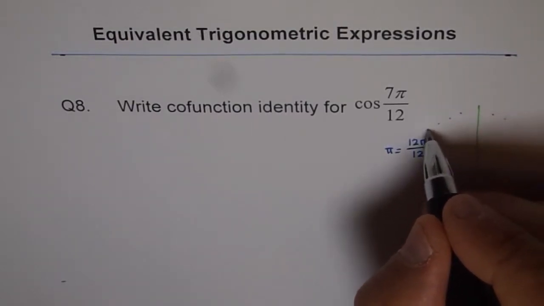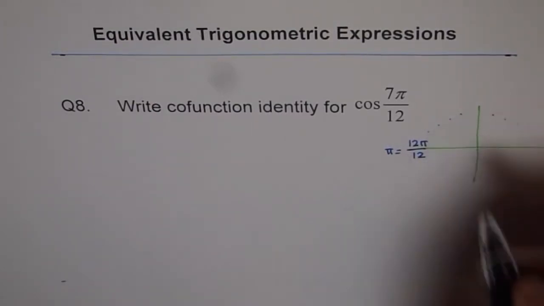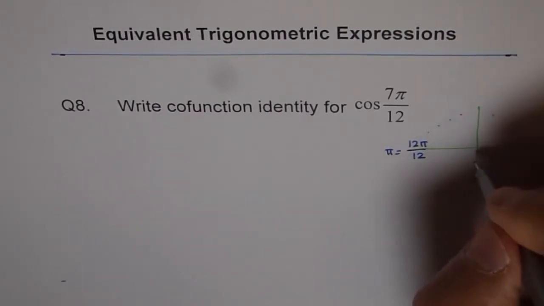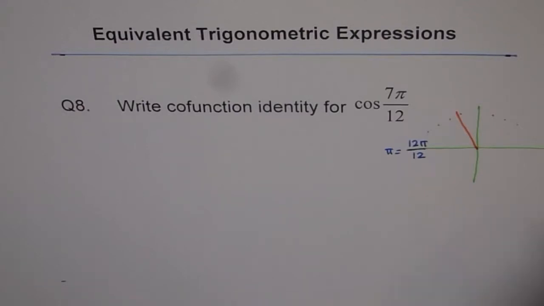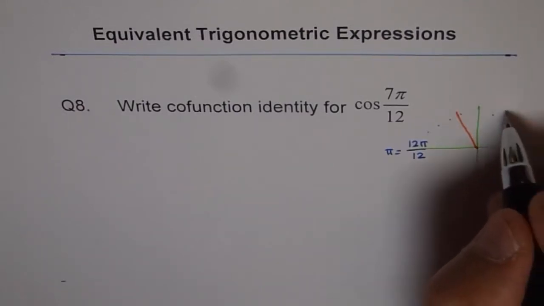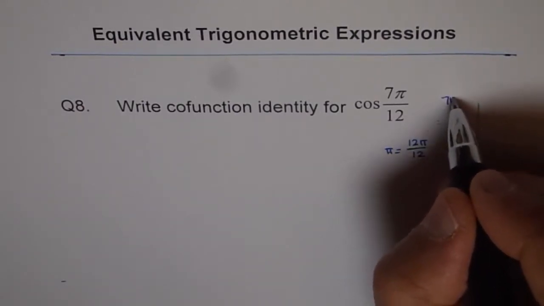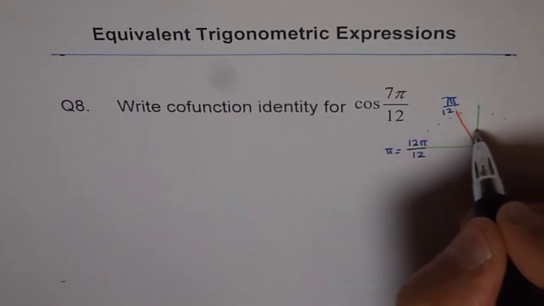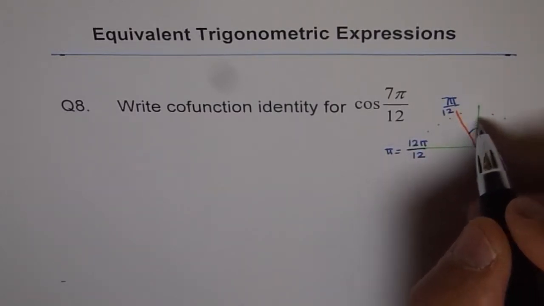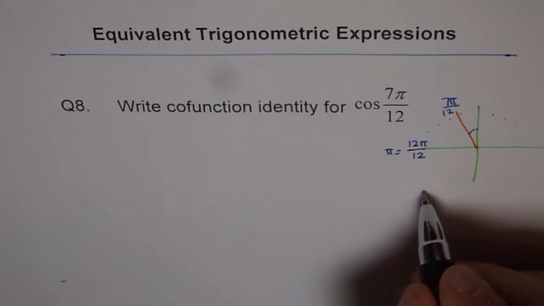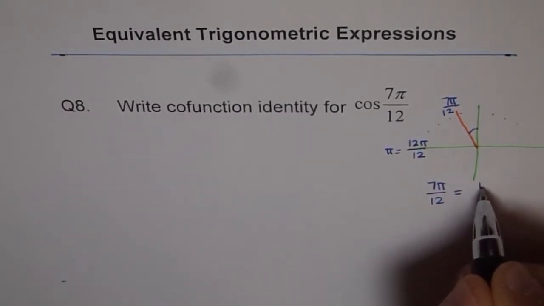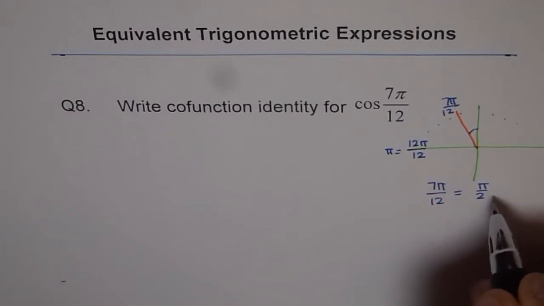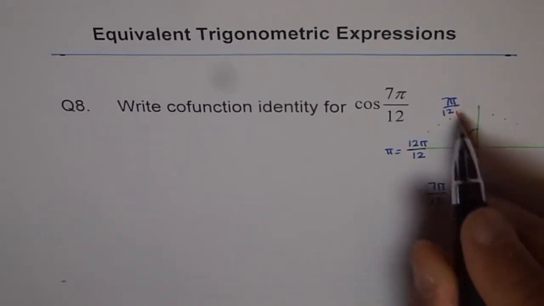The 7th one is actually there. These are 6 pi by 12 and this is our 7 pi by 12. So we are 1 more than 90, and I can write 7 pi by 12 as pi by 2 plus pi by 12.